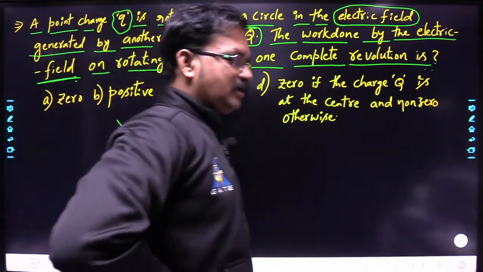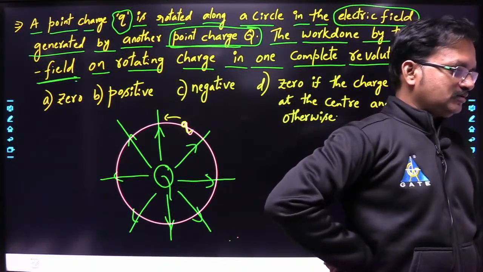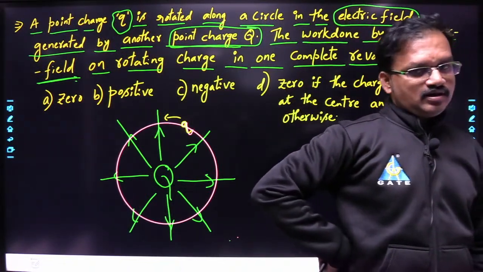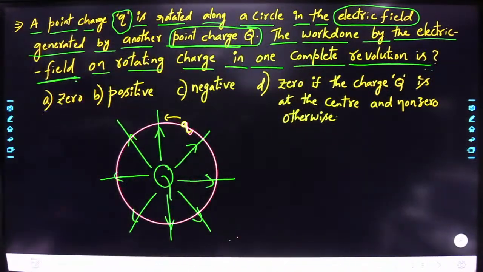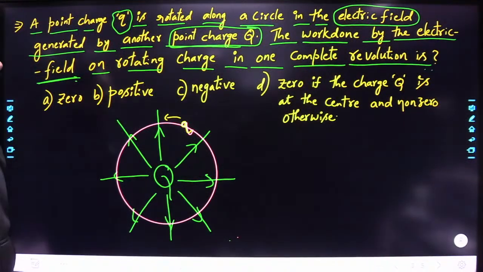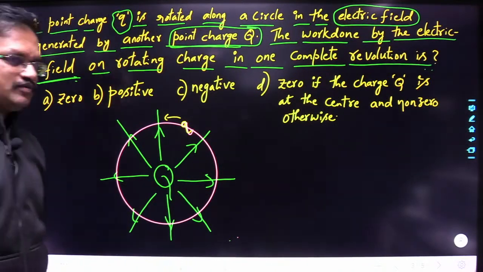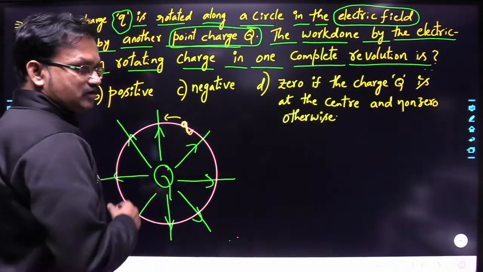See, what is the work done by the field around any closed path here? This is a conservative field or not? Yes or no? What is the work done by the field on the charge over this one complete revolution?